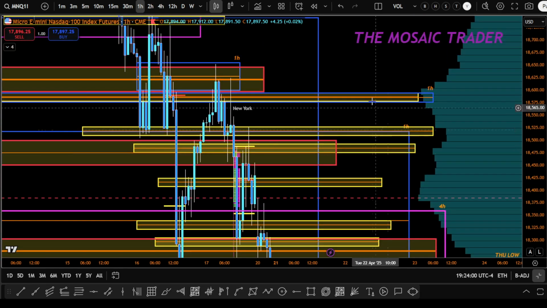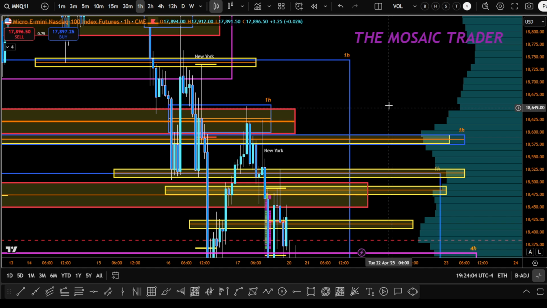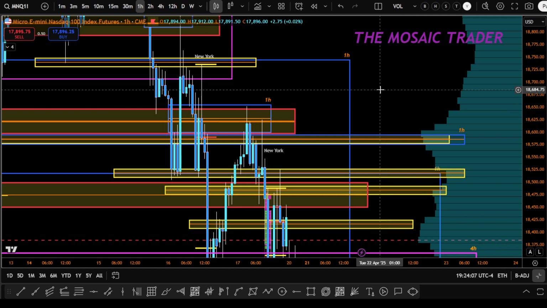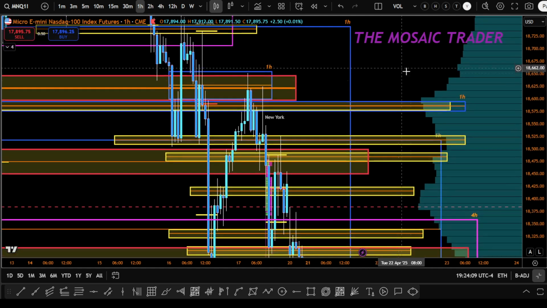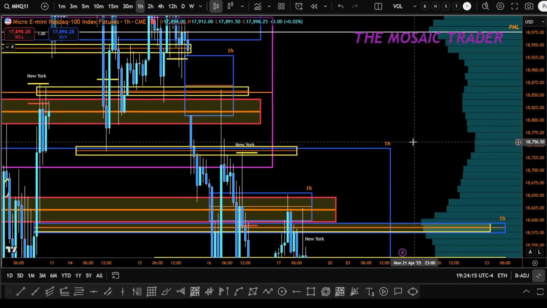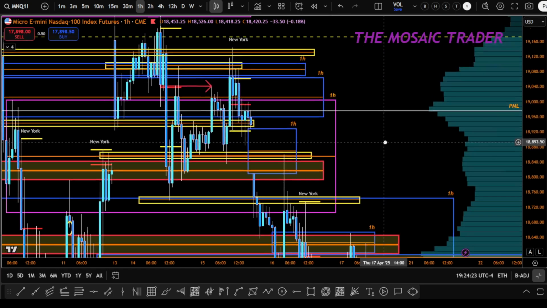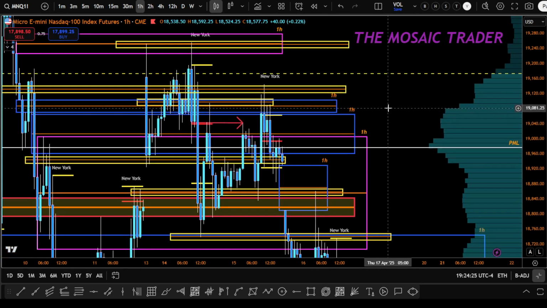So if this looks confusing to you, just go over it again. Study this chart. Look for confluence, right? That's all it is. We have 3 different trading concepts, strategies, whatever you want to call it, that are by themselves really powerful.